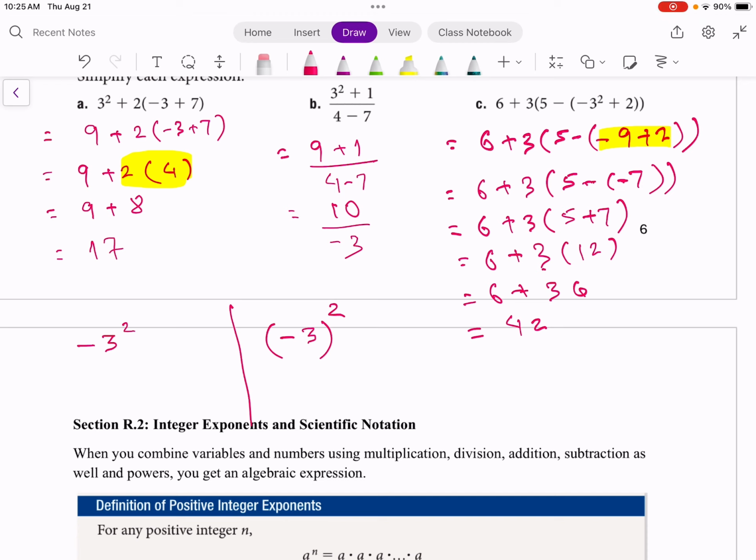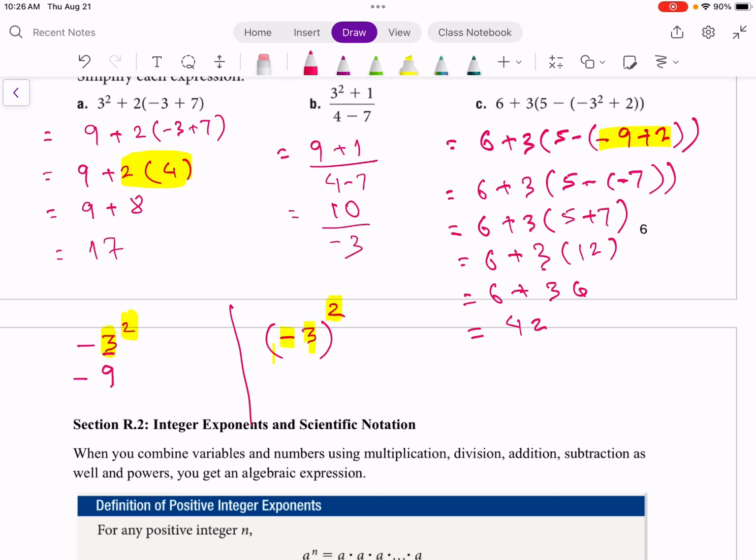3 square is 9. Now, how do we simplify? So this square is for only 3, so negative remains as it is. 3 square is 9. Now, in the second expression, since we have a parenthesis, this square is for negative as well as 3.